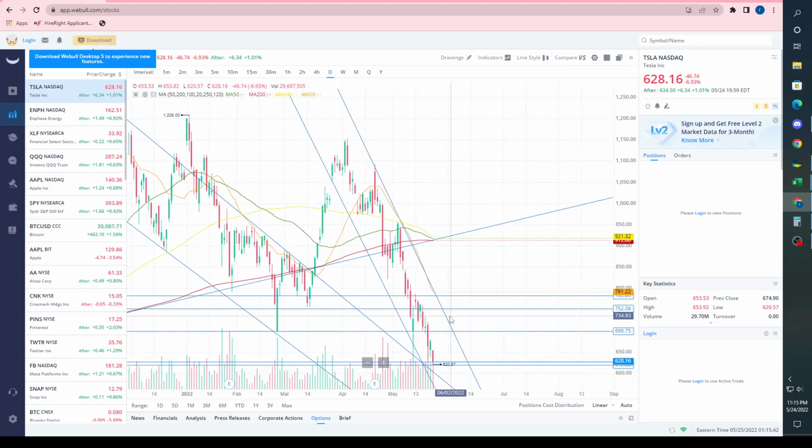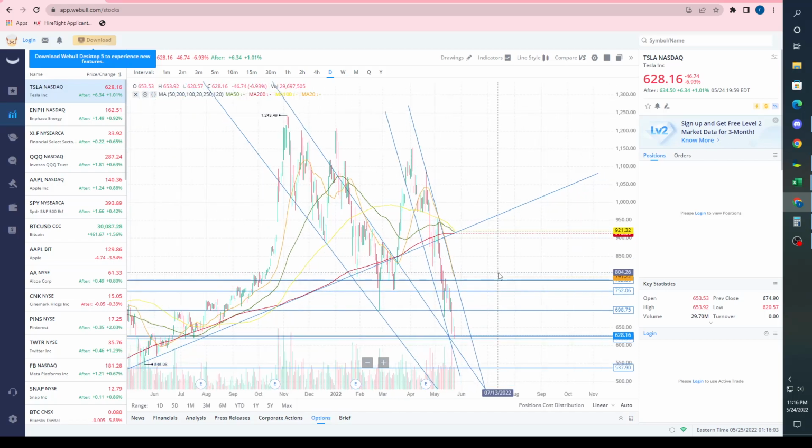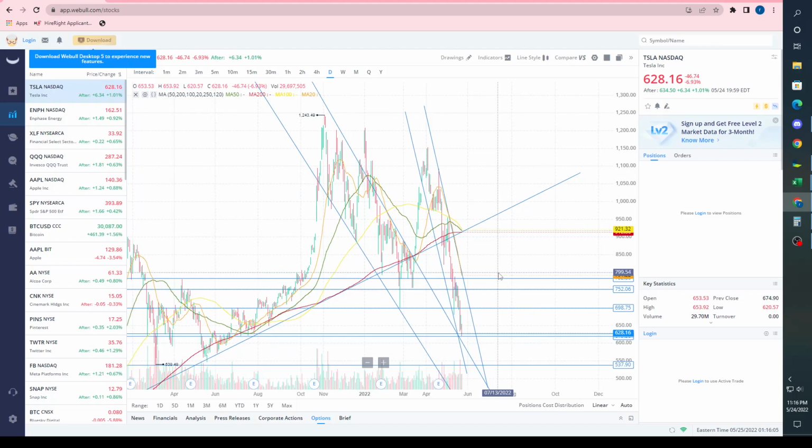So do be cautious. Now that we see this death cross, we could start seeing all the moving averages fall underneath the 200-day, and then we could go into a pattern where this 200-day stacks above all the other moving averages. Then you have the full bear trend on the moving averages. That never really is a good sign.